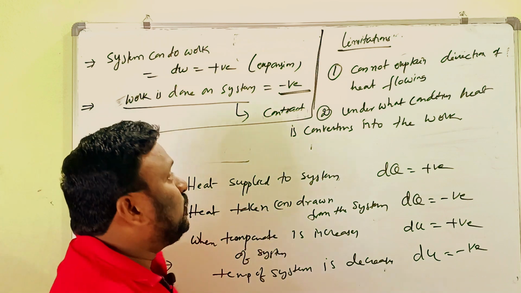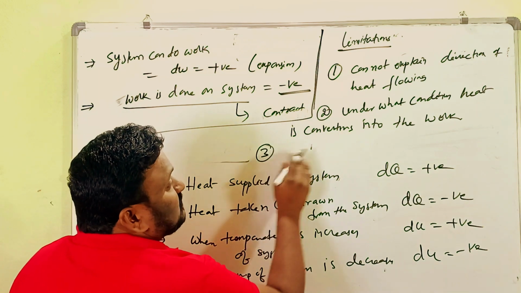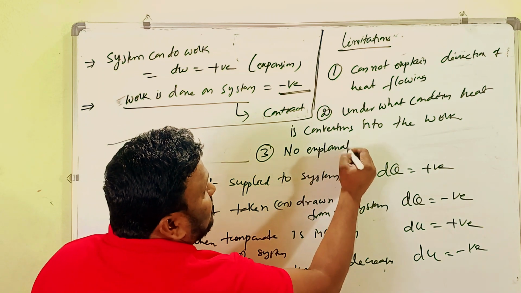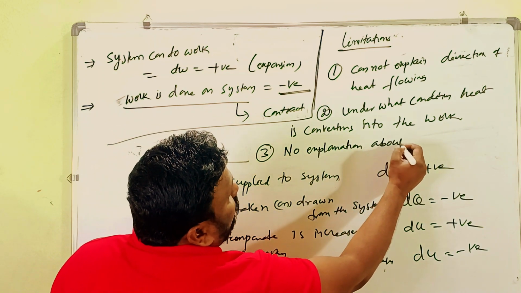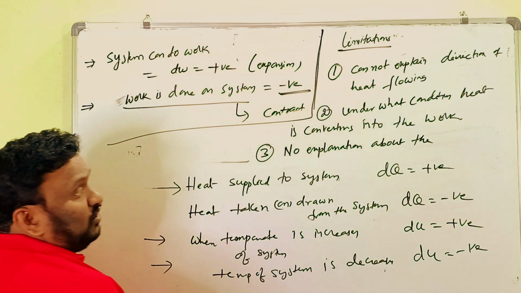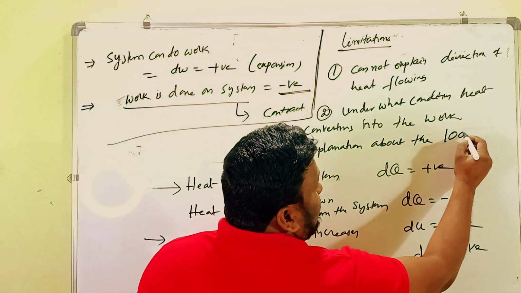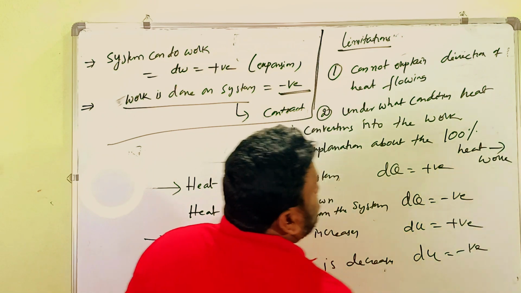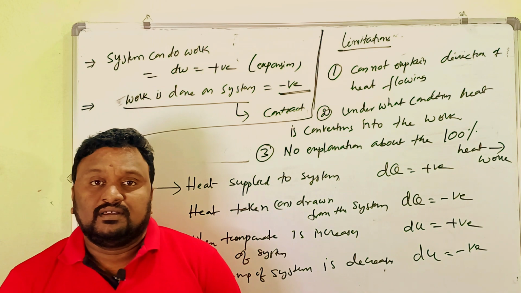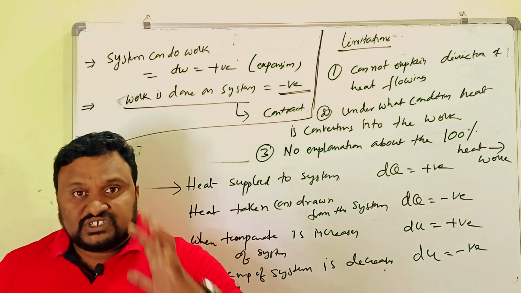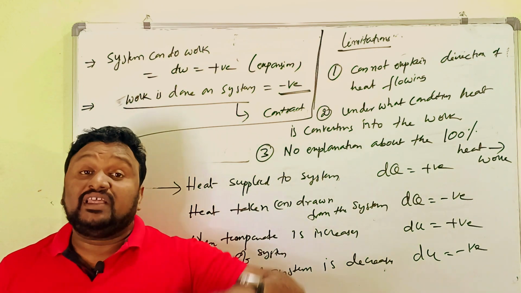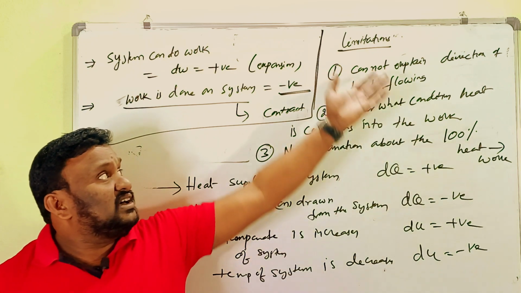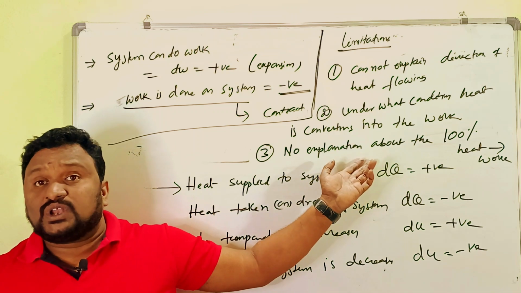And the third one is that there is no explanation about why 100% of the heat is not converted to work. Why, however much heat we supply to the system, is it not completely converted to work? So these are the main demerits of the first law of thermodynamics.